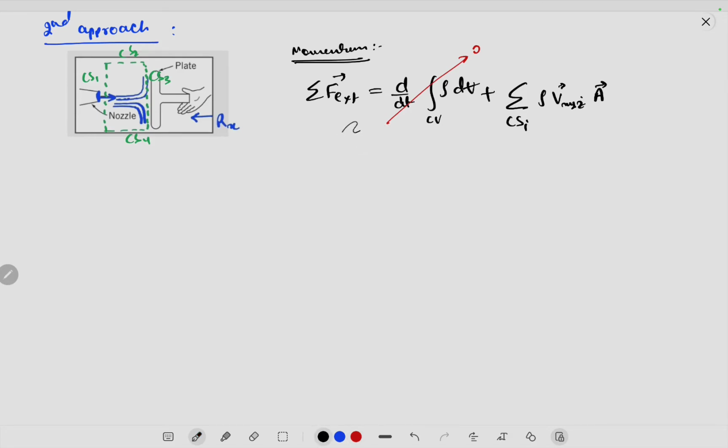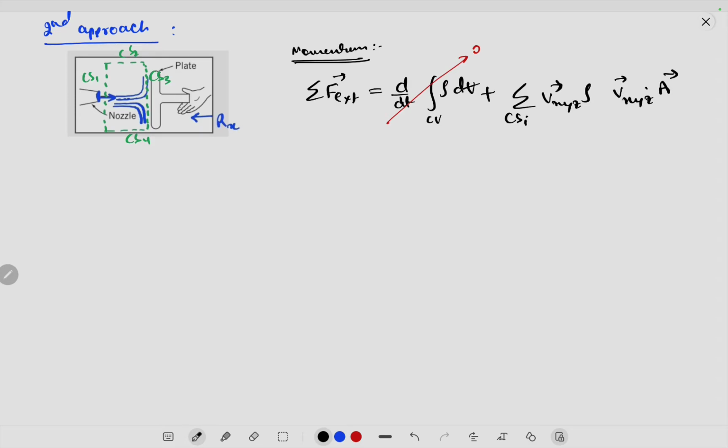So we are only left with summation of external force equal to summation over CS1. Oh, I forgot one term here: Vxyz times rho Vxyz dot A vector. Let me write it again: summation over CS1 of Vxyz rho Vxyz dot A vector.